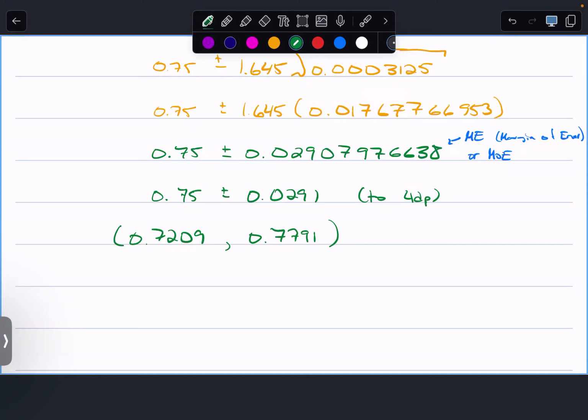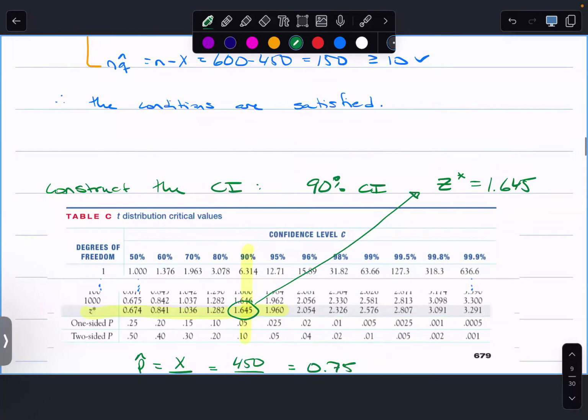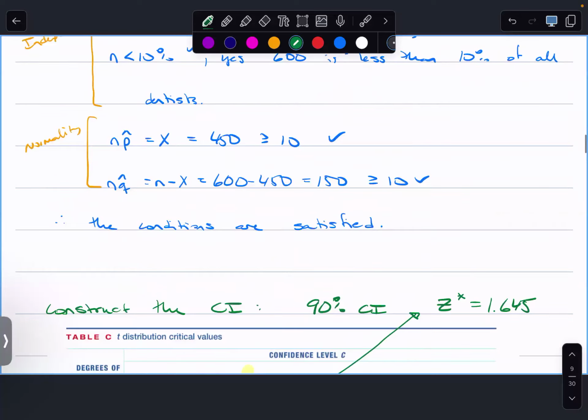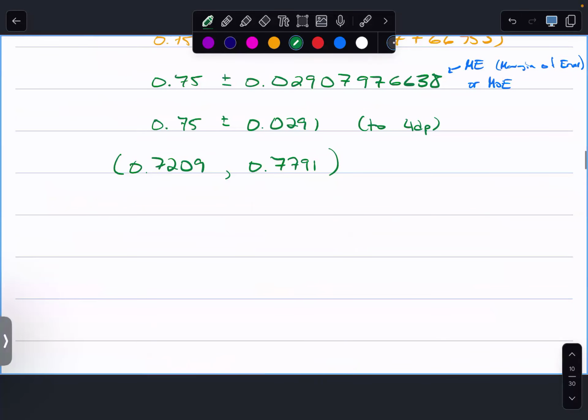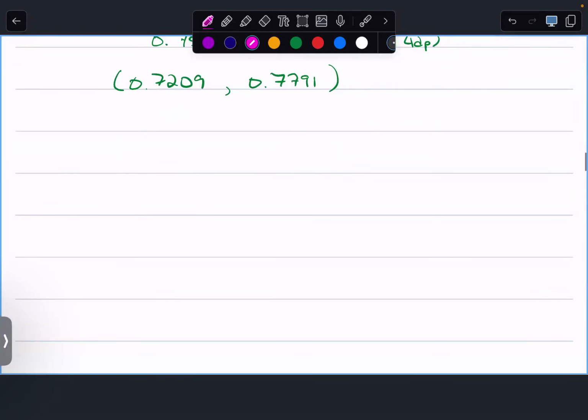Phase 3, interpret the interval. What color haven't I used? I used light blue for the conditions. I used green. Okay. How about this? I'll do pink because it's the one everyone loves to forget. And it makes me so sad when I'm marking because it'll just be blank. So pink means it's important.